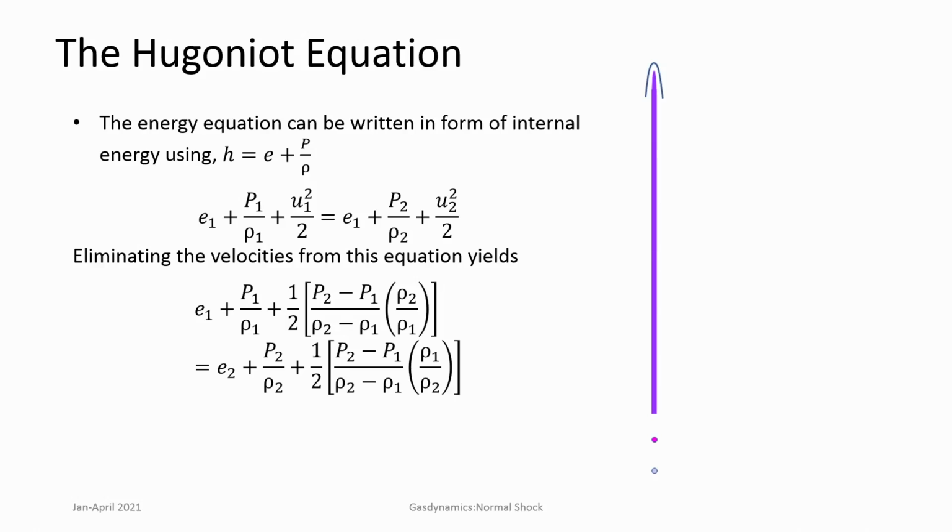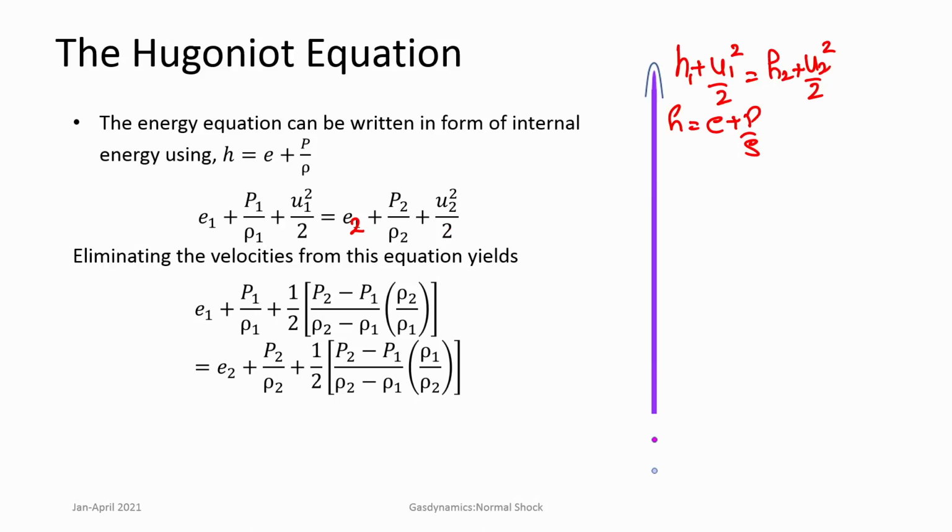Now we move to energy conservation, which is h1 plus u1 square by 2 is equal to h2 plus u2 square by 2, and here h is nothing but E plus P by rho. If you substitute that, you get E1 plus P1 by rho 1 plus u1 square by 2 is equal to E2 plus P2 by rho 2 plus u2 square by 2.